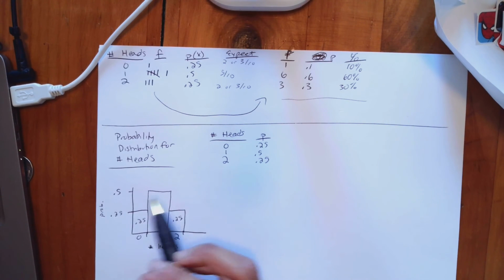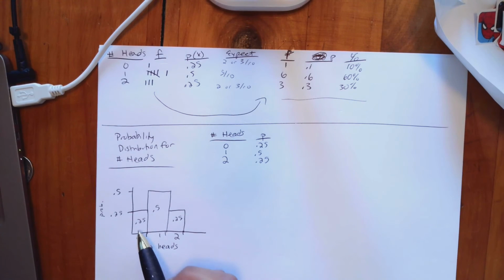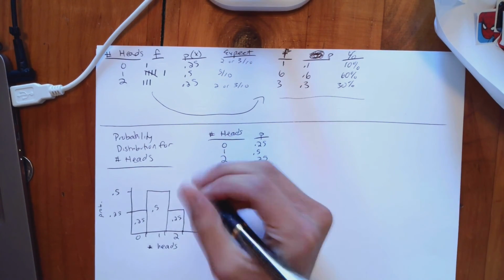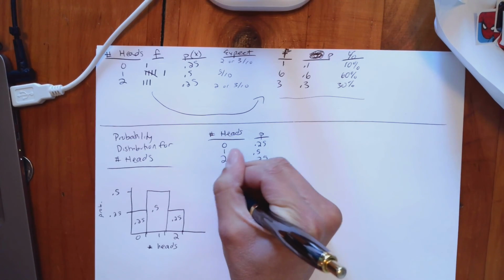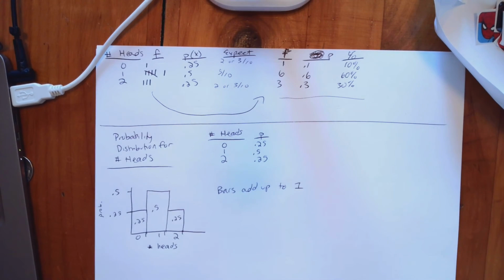And if you think about it that way, you'd say that all this area in the graph adds up to 1. So 0.25 plus 0.5 plus 0.25 adds up to 1. So we're going to say the bars add up to 1.